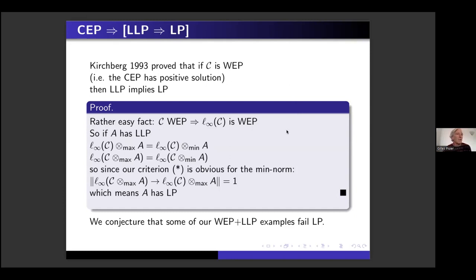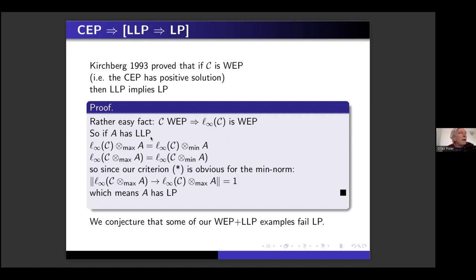The first easy fact that you can probably accept without objection is that if an algebra script C is WEP, which is what is conjectured, the cone embedding problem in Kirchberg's formulation, then, for any C-star algebra, the algebra L infinity of C is also WEP. It's not totally obvious because that's not a tensor product, right? L infinity is non-separable, but this can be shown. It's sort of easy to believe.